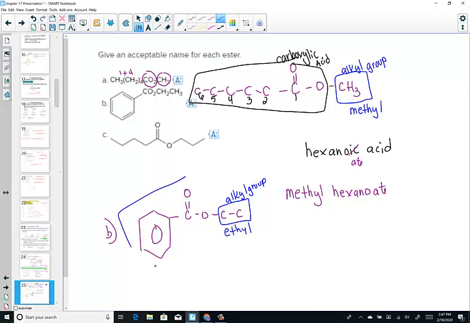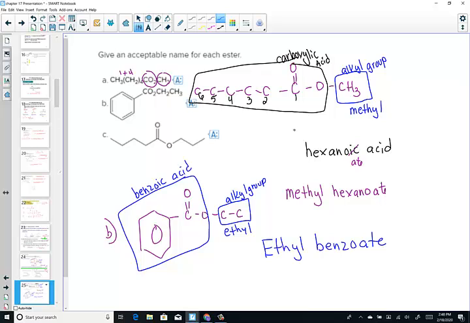The parent carboxylic acid is called benzoic acid. Put this together and we have the ethyl first, and then benzoate, ethyl benzoate. IC turns to ATE.